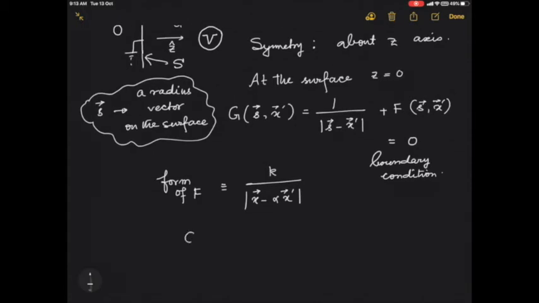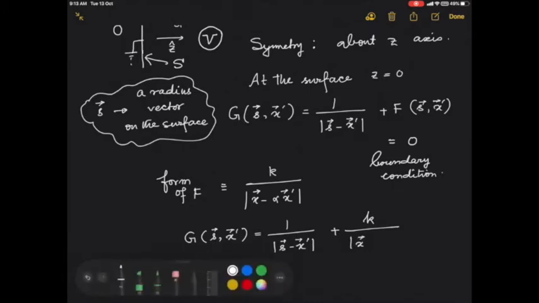Okay, now if I use that there, this x has to be replaced by s now, because I'm doing it at the surface now.